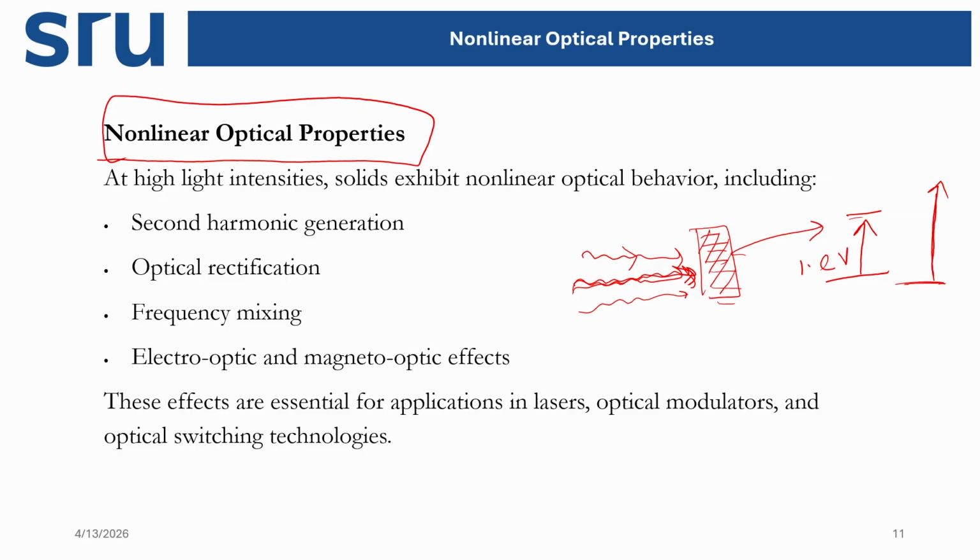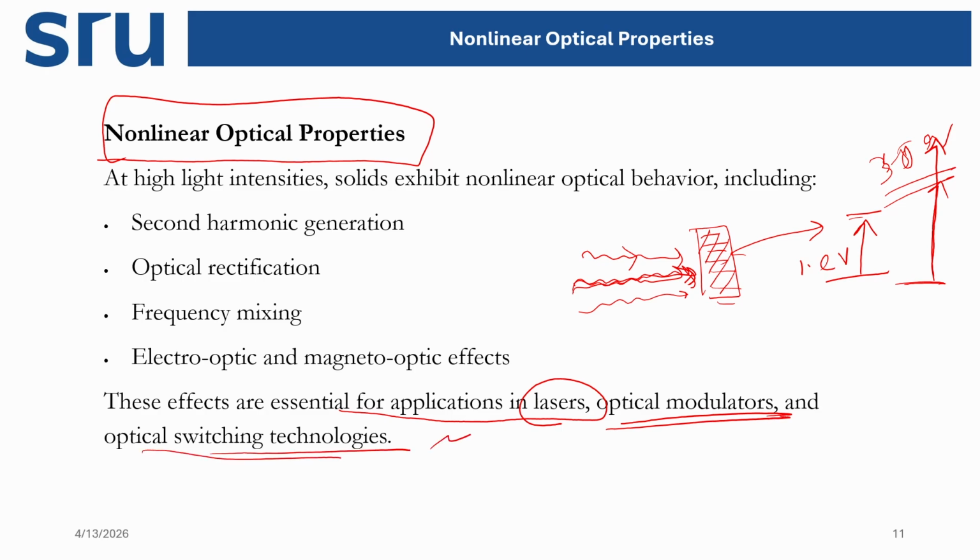But what happens here is something more than 2, or 3.5 electron volts, or 3 electron volts. So not linear behavior, but abnormal, non-linear behavior is observed in the material after a certain limit. This property is called non-linear optical properties. This effect is essential for applications in lasers, optical modulators, and optical switching technology. These are being used.